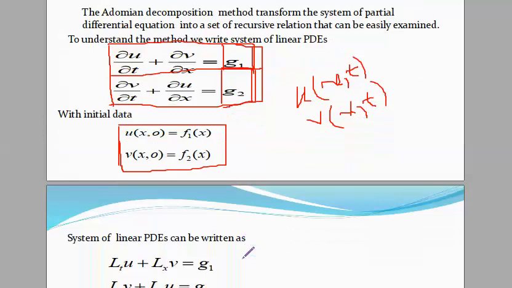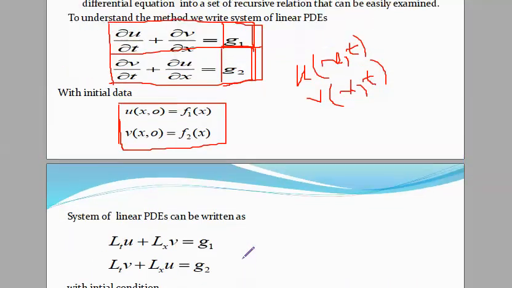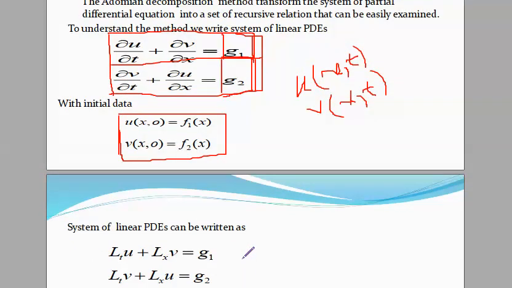Now the first step for the domain decomposition method is that we need to rewrite these partial differential equations in operator form. Here one operator is partial by partial t, and the second operator is partial by partial x, and this operator is LT, and this operator is LX.